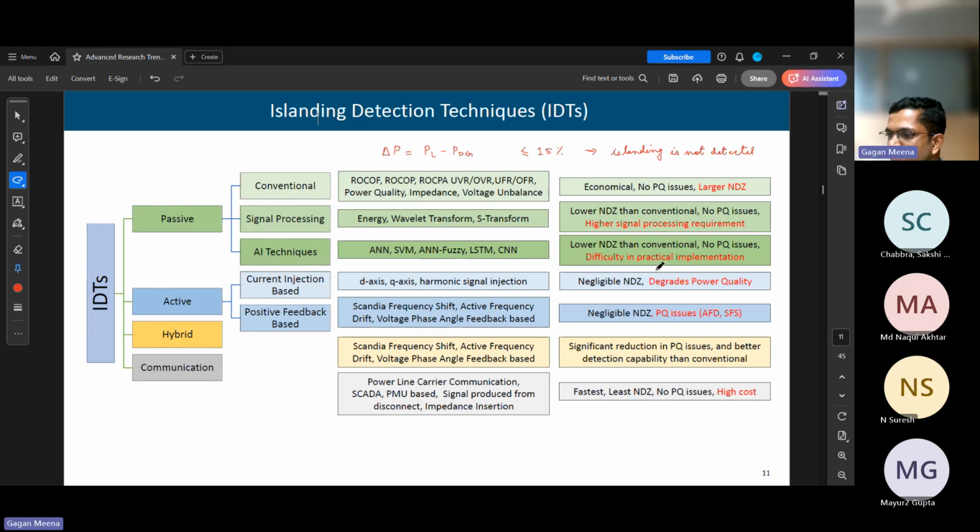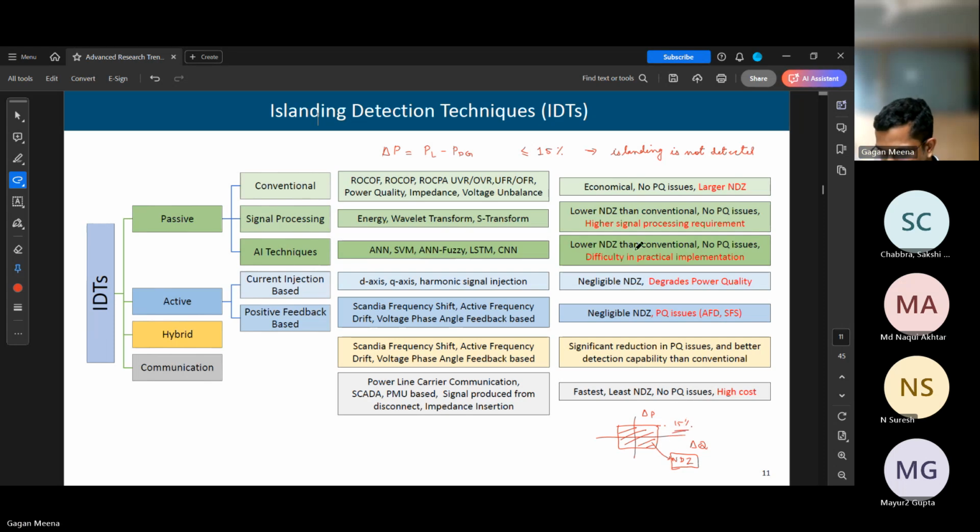So this is there for both P and Q. That's why if we have delta P mismatch on the y-axis and Q on the x-axis, then this is the zone where the islanding will not be detected. This is called the NDZ, and this is 15%.